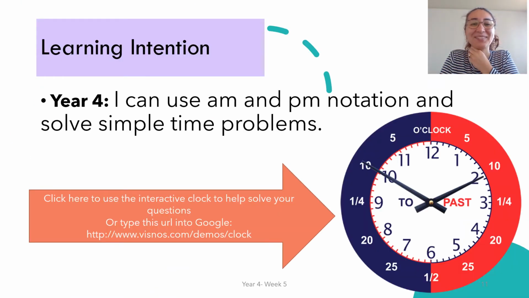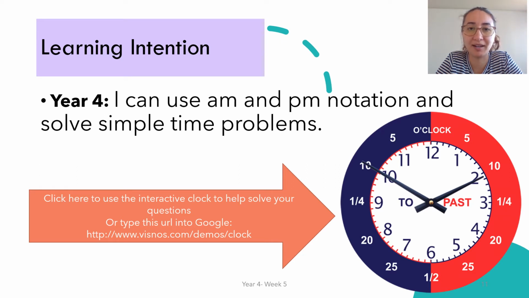Okay, guys. Our learning intention for Tuesday: I can use AM and PM notation and solve simple time problems. When it's saying notation, it's basically saying you can identify AM as times in the morning and PM as times after midday.